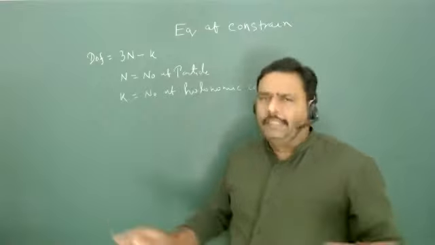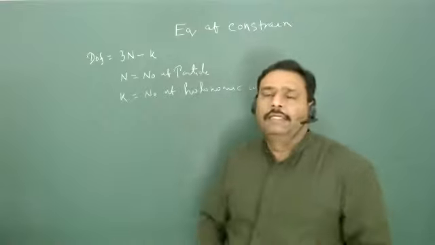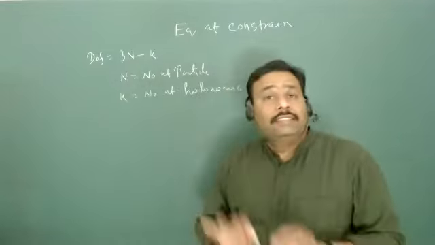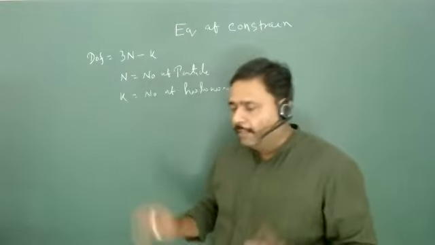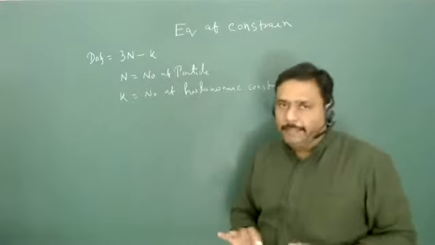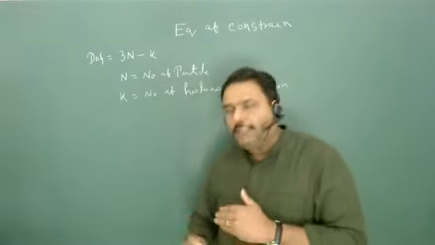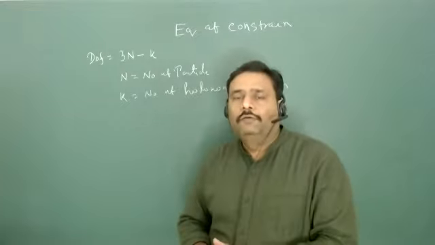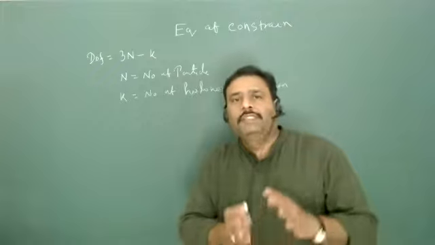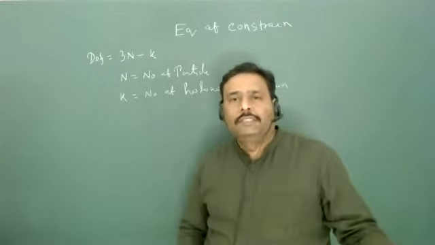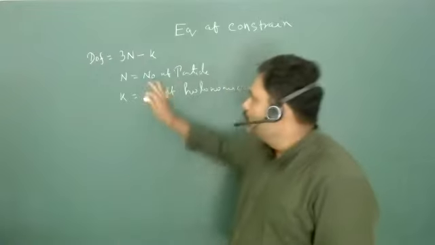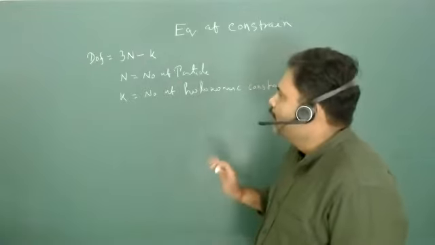In general, since we are just starting this topic, n is the number of particles. We are just doing particle dynamics right now. We are not using the rigid body or moment of inertia in our calculation. Once we do moment of inertia and go for rotational dynamics, then we will include all this.